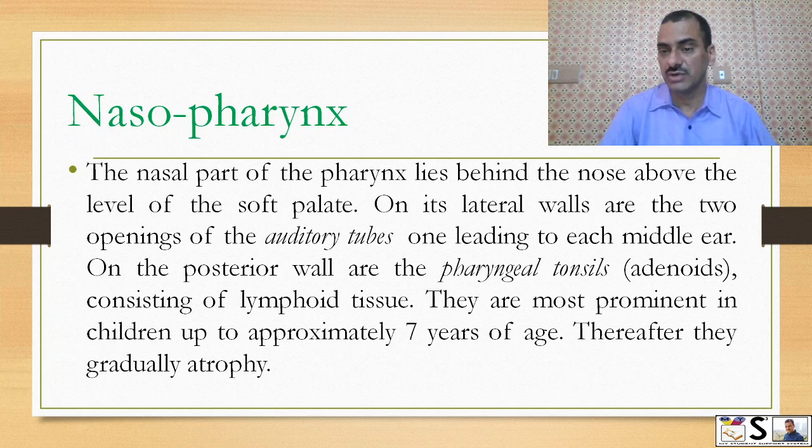On its lateral wall, there are two openings of the auditory tube, one leading to each middle ear. On the posterior wall, there are pharyngeal tonsils consisting of lymphoid tissue. They are most prominent in children, and at approximately 7 years of age, they gradually start to atrophy.